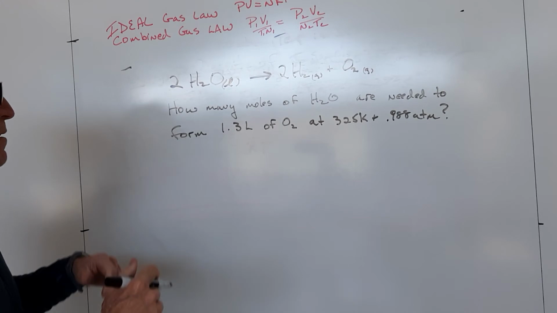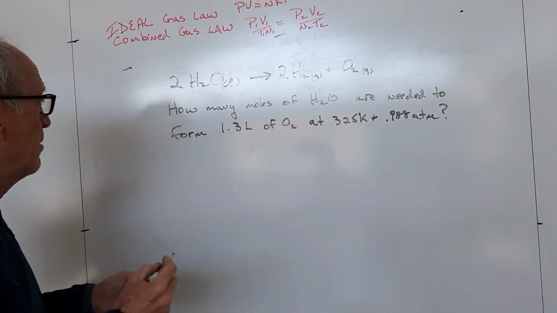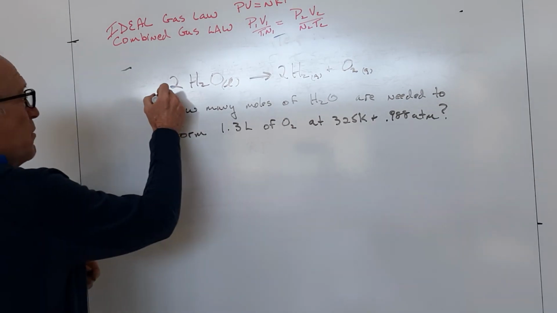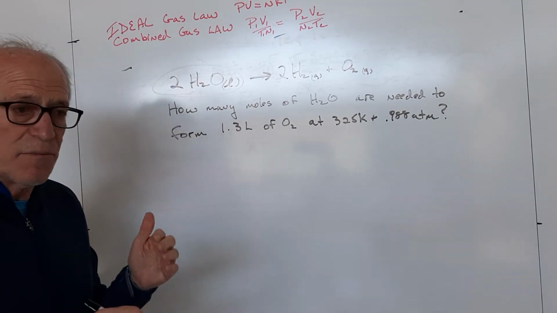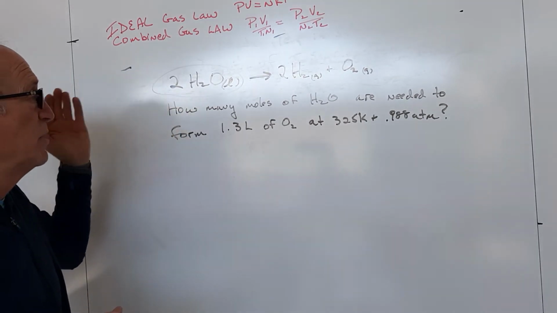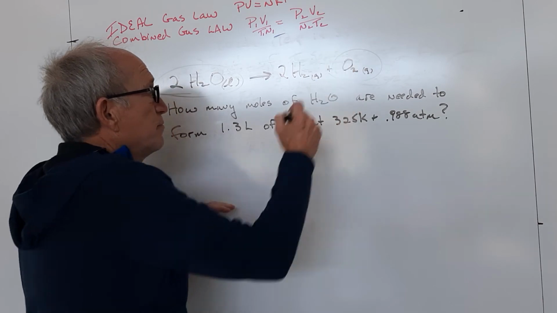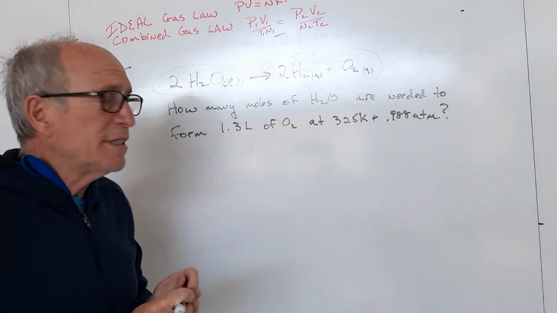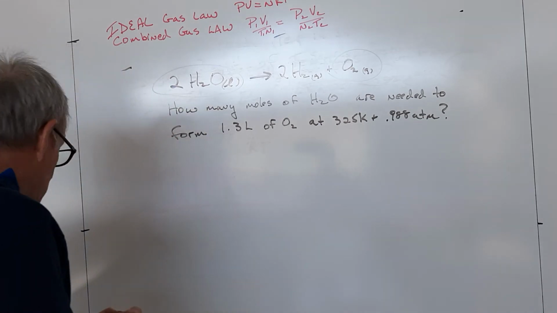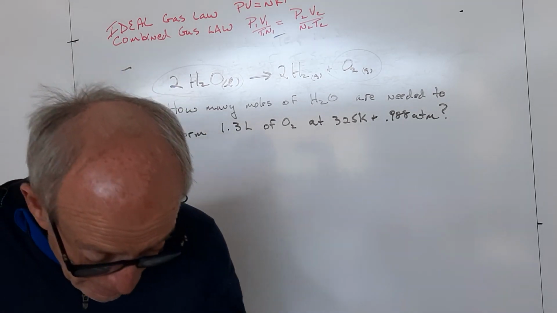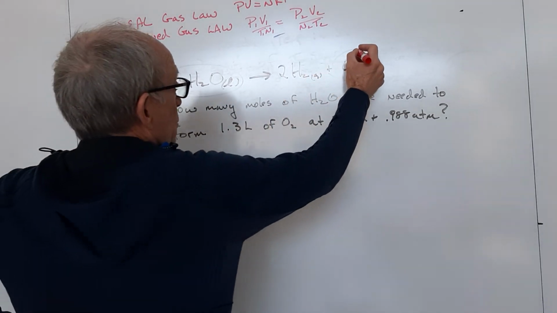Okay, we're back. Here we go. Now, this is what's interesting: you have a problem and you want to find moles of H2O, but you don't have any information about H2O, but you do have information about O2. By using this information about O2 and the ideal gas law, I can figure out moles of O2.